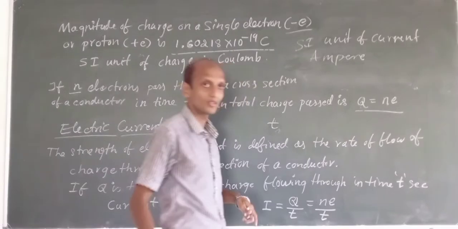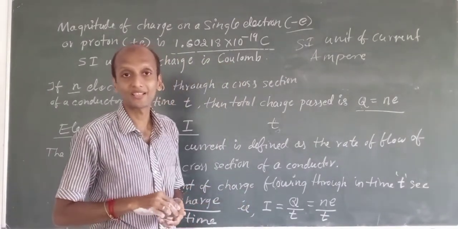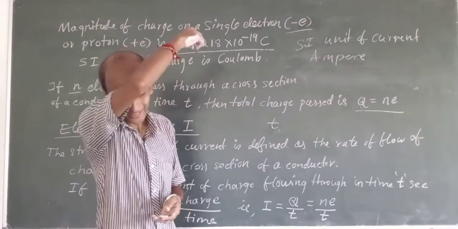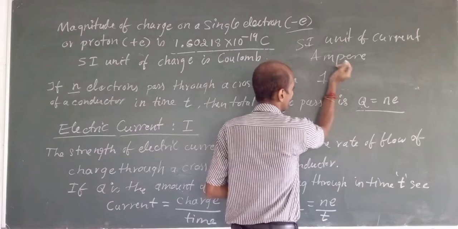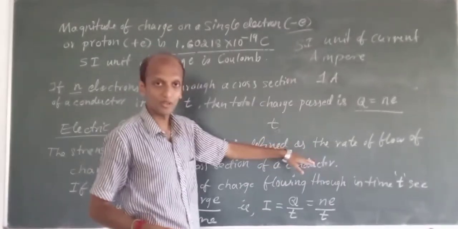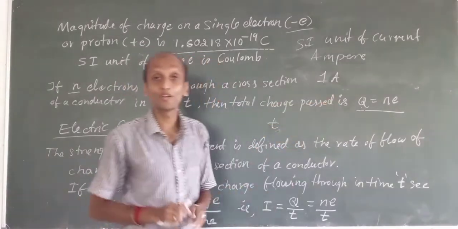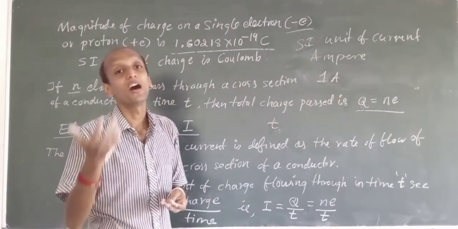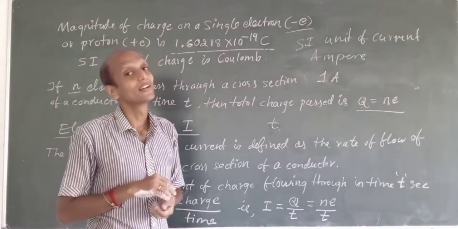Now how can I define 1 ampere of current? As we have said for 1 coulomb of charge, likewise I will go for 1 ampere of current flowing through a conductor.